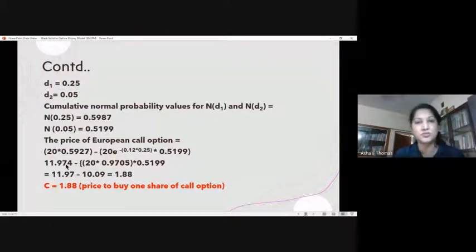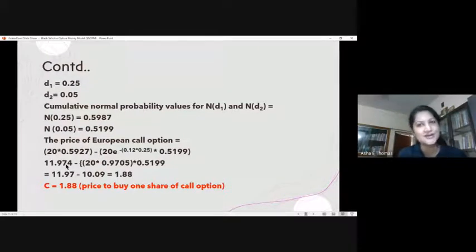Another thing we have assumed is the possibility of a risk-free return of 9%, which is very difficult. There is nothing called a risk-free return. The only thing we can compute is based on the opportunity cost of each investor.